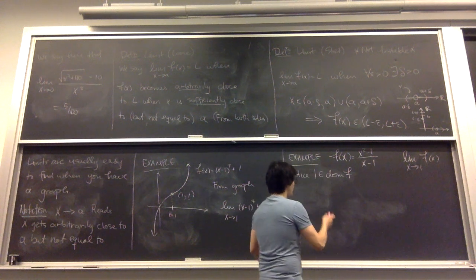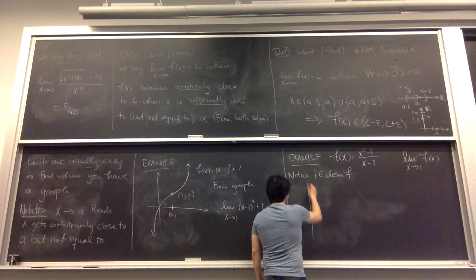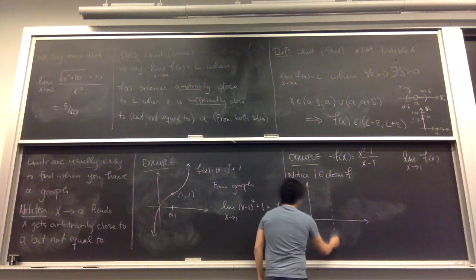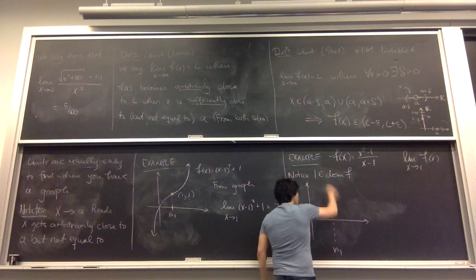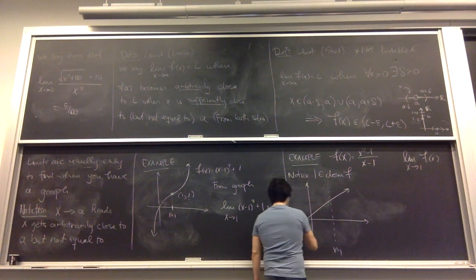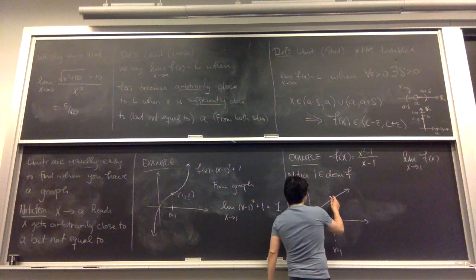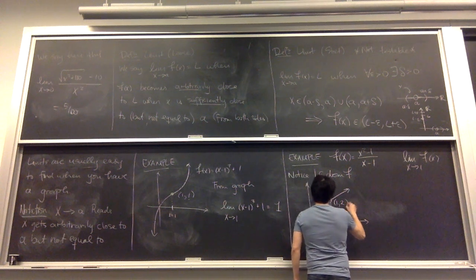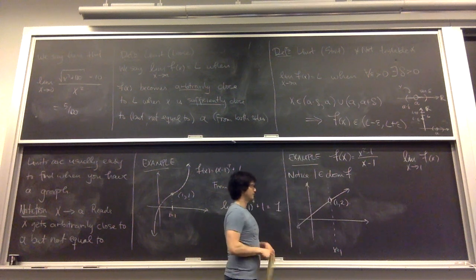So I'm going to draw you the picture of this. It looks like this. At x equals 1, there should be an open circle on that line. Otherwise, this is just a line like this. And this is going to be an open circle at 1, 2.